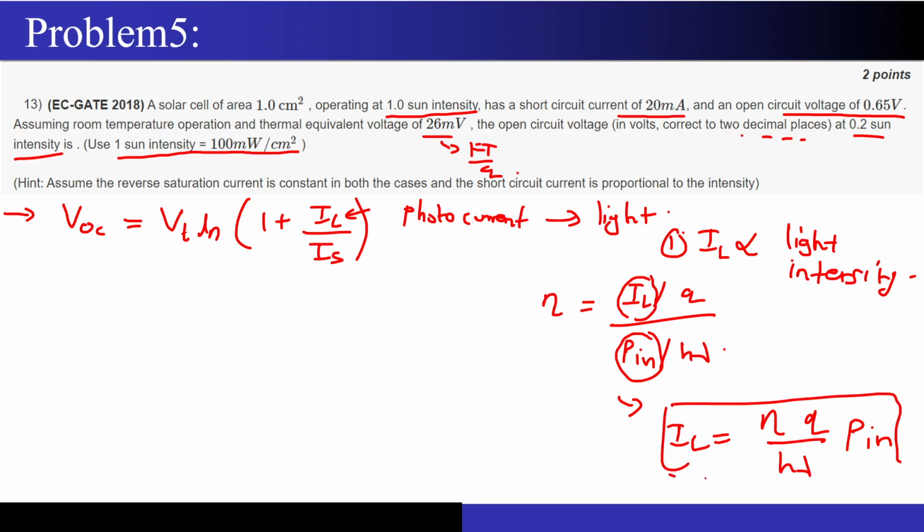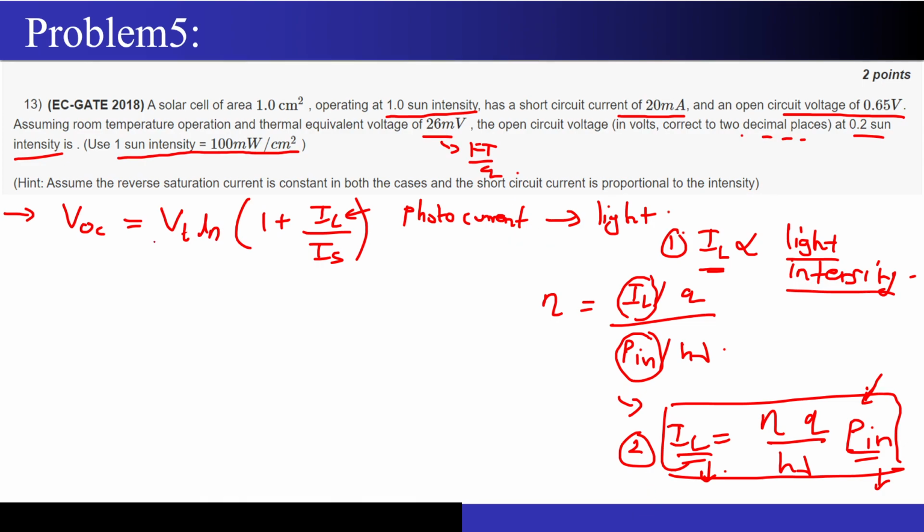Let's say this is 2. So this is what we got from the intuition, that the load current that I will be getting is proportional to the light intensity. From this formula it is very clear that as the intensity of the light decreases, my IL will decrease proportionally. There is no power and all, it is directly decreasing in the same order of magnitude, correct?